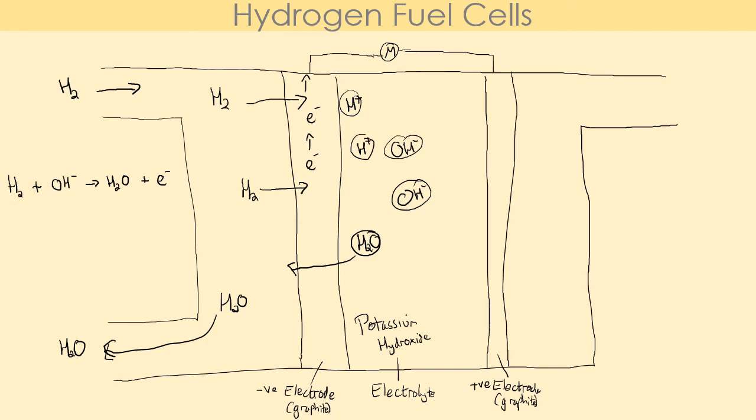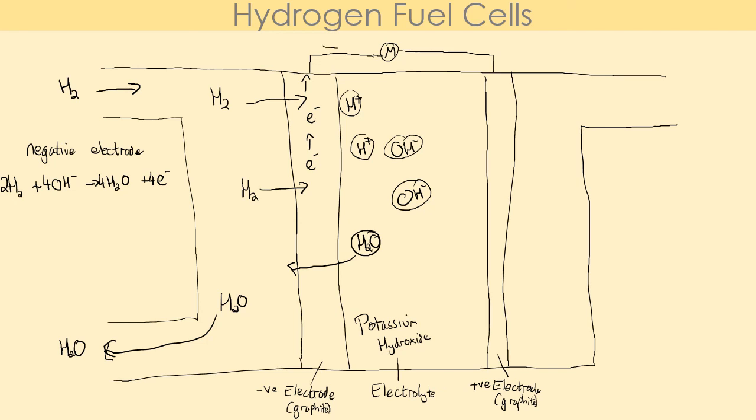Now, at the moment, our equation is not balanced, so we need to balance it. 2H2 plus 4OH- will make 4H2O plus 4 electrons. And this is what happens at the negative electrode. We have the formation of water, and we gain 4 electrons that can flow around the circuit.